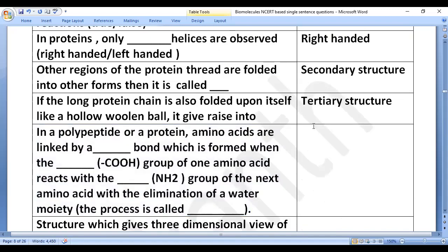In a polypeptide chain or a protein, amino acids are linked by peptide bonds.